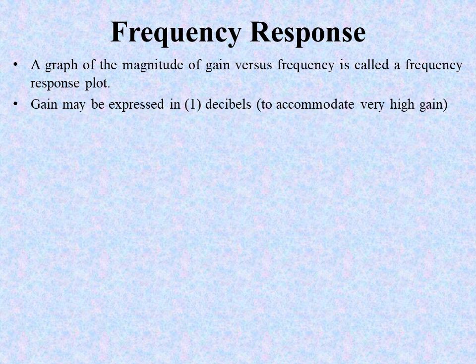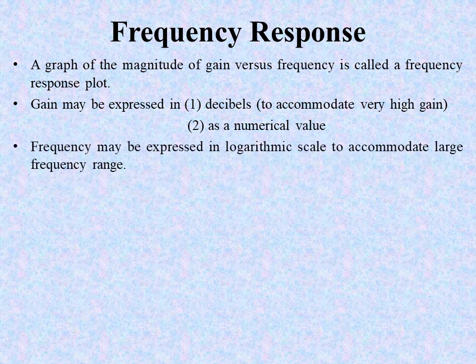While plotting such a graph, the gain may be expressed in decibels if we want to accommodate a very high gain. Otherwise, it can be taken as a numerical value. Also, the frequency is generally expressed on a logarithmic scale, so that a large frequency range can be accommodated in the same graph.